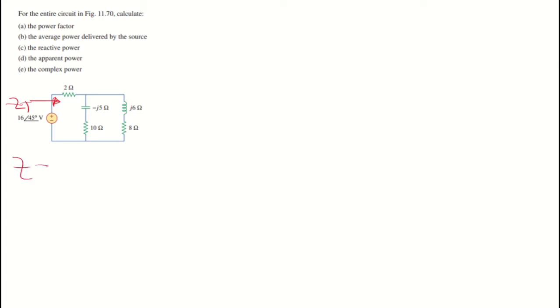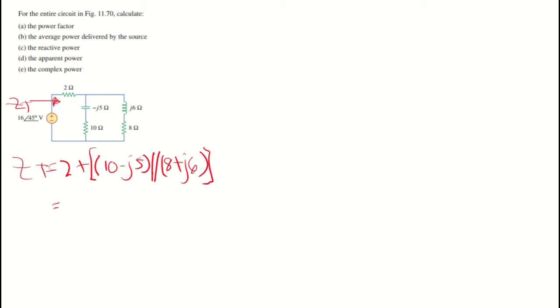So ZT we can write down as 2 plus (10 minus j5) parallel with (8 plus j6). If you need to do this, make the parallel first, calculate the parallel value for these four elements, and then add the 2 ohm resistor over here.